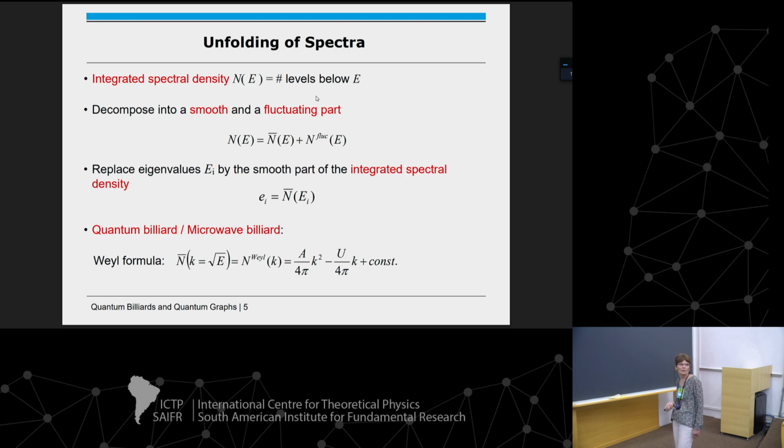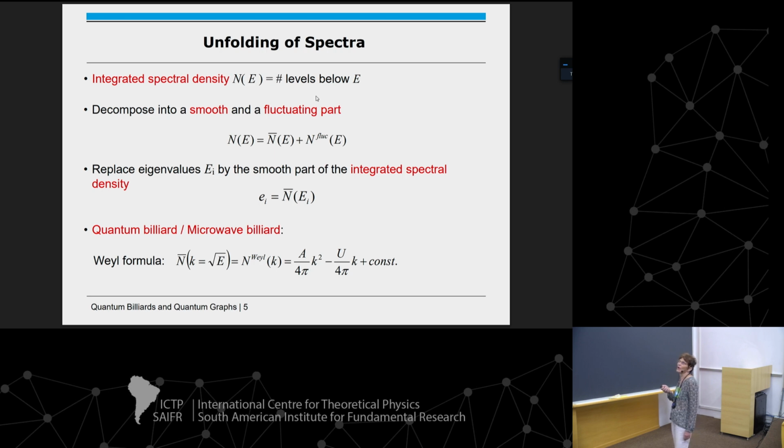Usually you can fit some empirical formula, which is an exponential in the square root of E. In microwave billiards and quantum billiards, you know exactly what the smooth part looks like. It's just Weyl's formula. Weyl and also Baltes derived analytical results for resonators, two-dimensional ones, three-dimensional ones, of all different types.